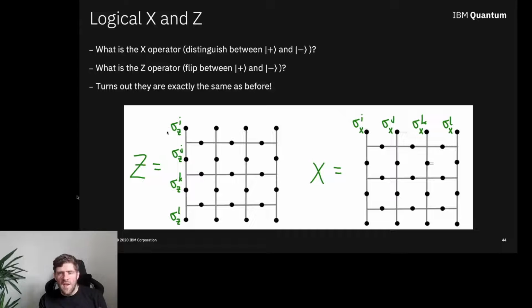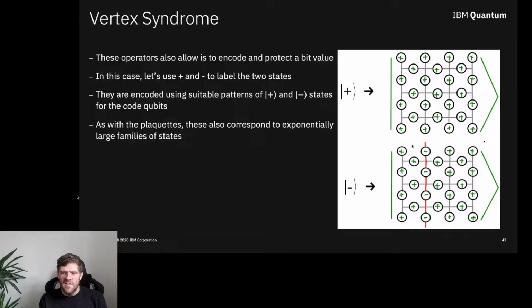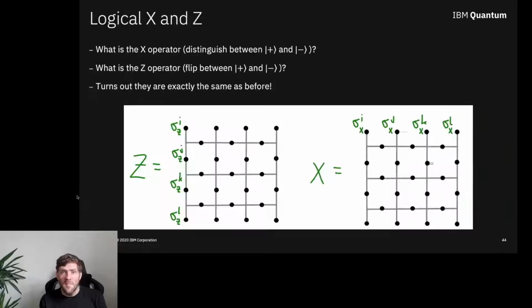If we want to flip between the logical 0 and the logical 1, that means we have to take a line from top to bottom which goes along the edges and flip pluses to minuses and minuses to plus. That's done by the Z operator, and so we need to pick a line from top to bottom that is composed of a tensor product of Z operators.